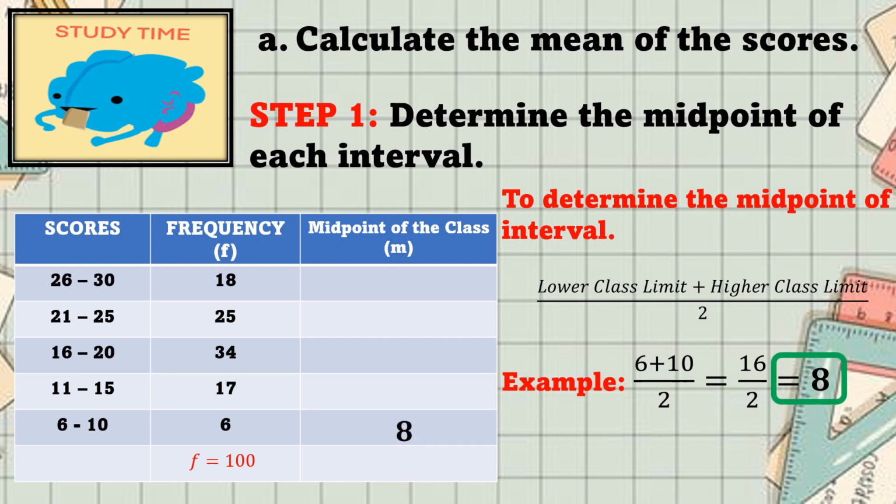Therefore, the midpoint of the class interval 6 to 10 is 8. By doing the same process in the other class intervals, we have 11 to 15 is equal to 13, 16 to 20 is equal to 18, 21 to 25 is 23, and then 26 to 30 is 28.